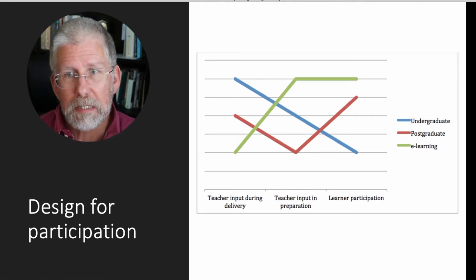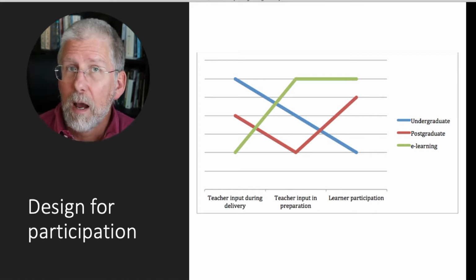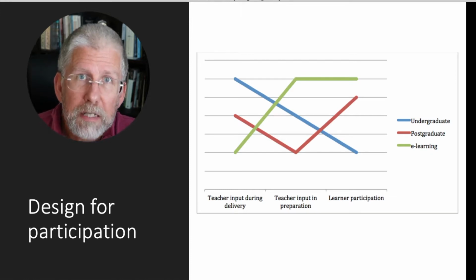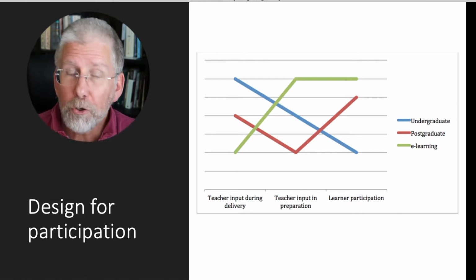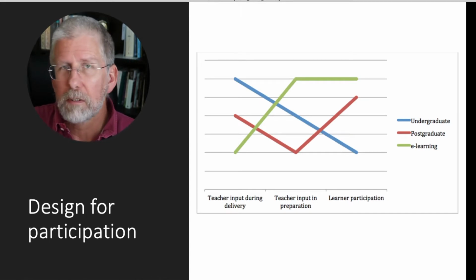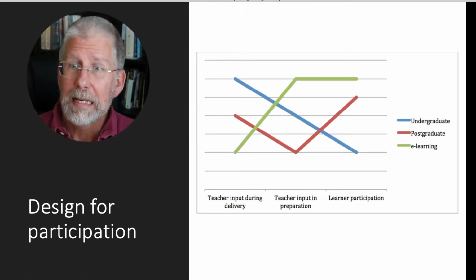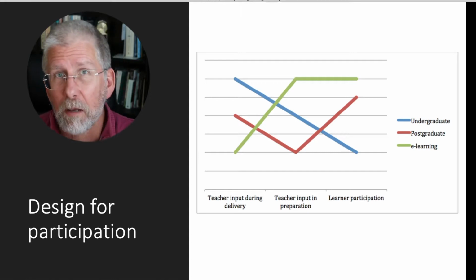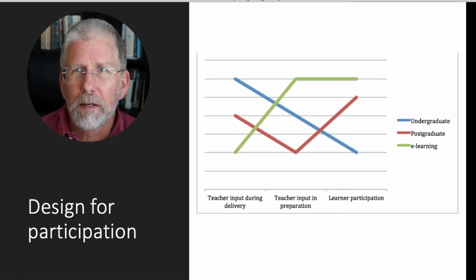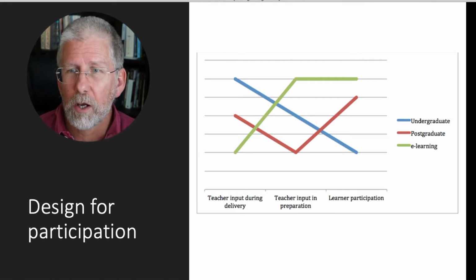The teacher input in preparation, again, is lower because more responsibility is given to the student to do the research and prepare the seminars. And the learner participation is much higher, because students in master level and doctoral level education typically are doing presentations themselves. They're talking with their fellow students, presenting the subject matter in seminars.